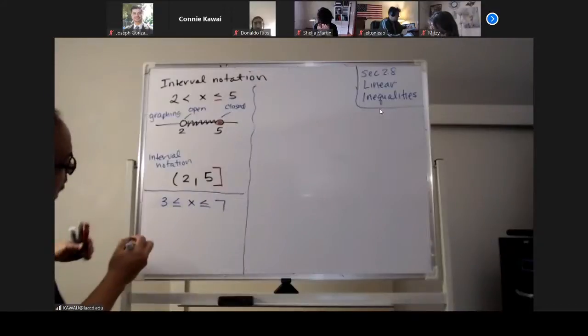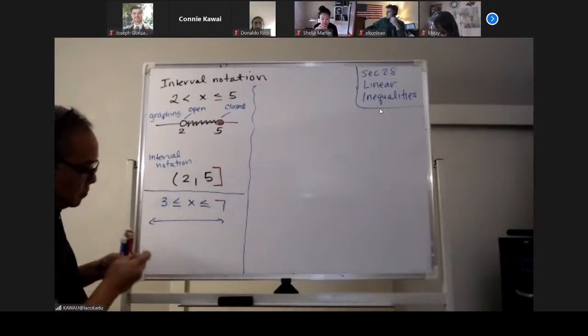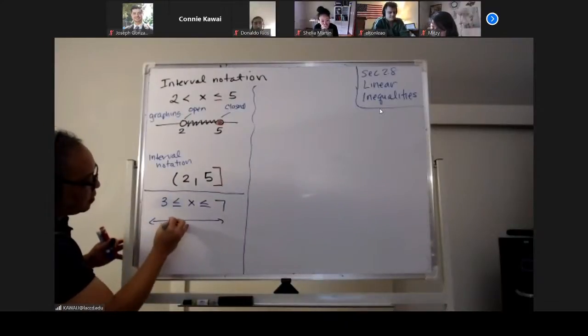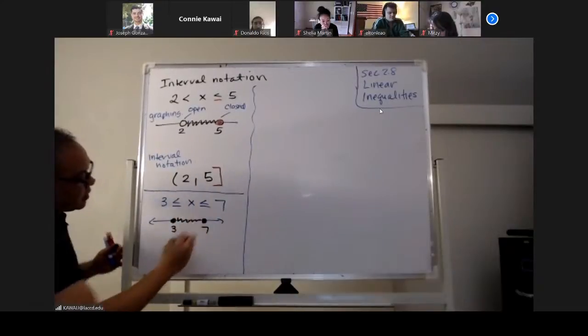Okay. So when I graph it, that's closed, and that's closed, and everything in between.